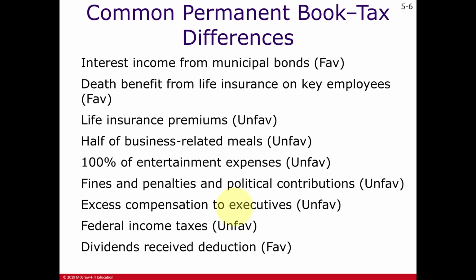Again, the differences between book and tax can be grouped into different categories. One of them being either permanent or temporary, and the other being favorable and unfavorable. So on this screen are differences that will only happen for this year and not change back the other way in future years.